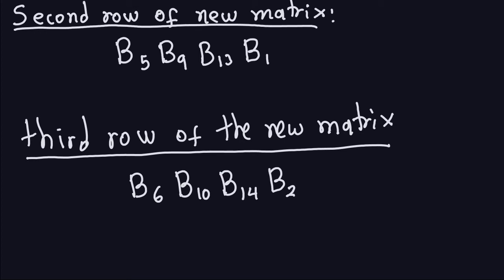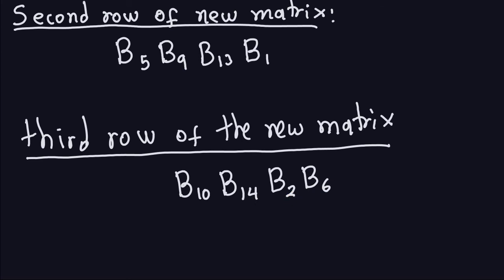I'm gonna move the B6 to this position. So I'm gonna erase it from here and move it to that position. This whole row will be the new third row of my new array. So it will be B10, B14, B2, and B6.